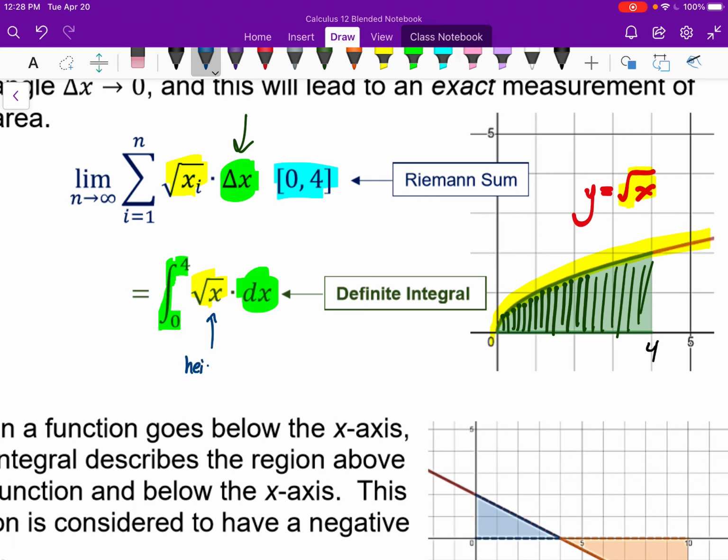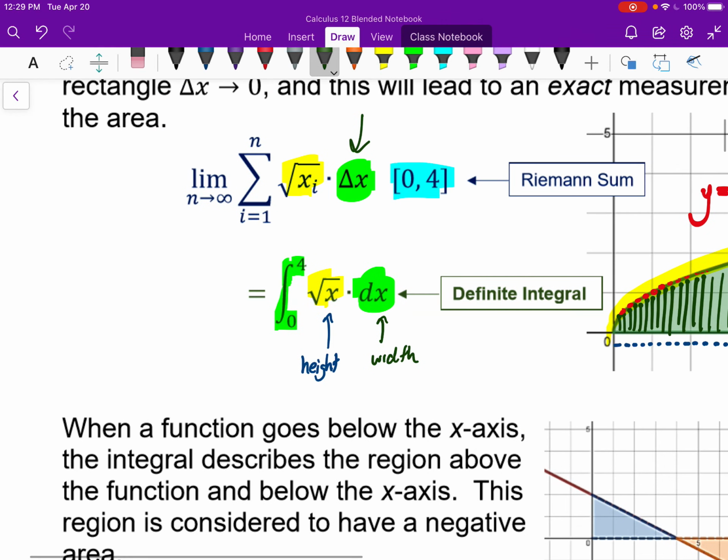This is the height of each rectangle. And notice, if I imagine each of these vertical lines I drew being a very skinny rectangle, the height of each would be the exact same as the output of root x at that particular point. And this here represents the width of each rectangle, that dx, which is getting infinitely small.